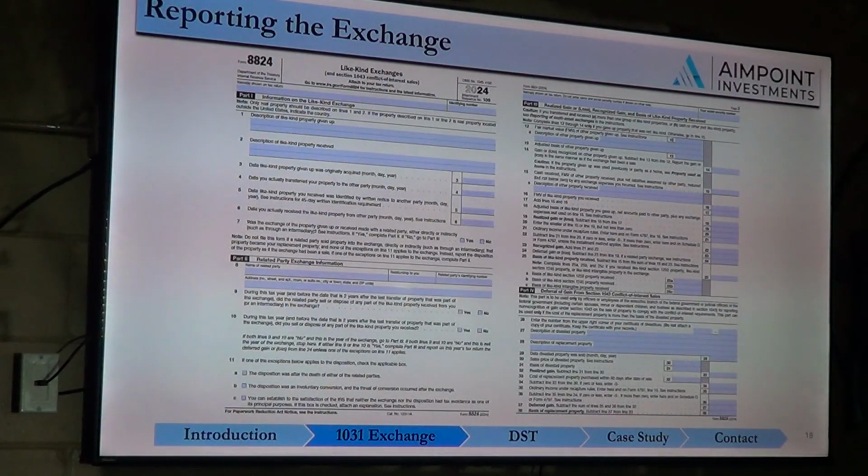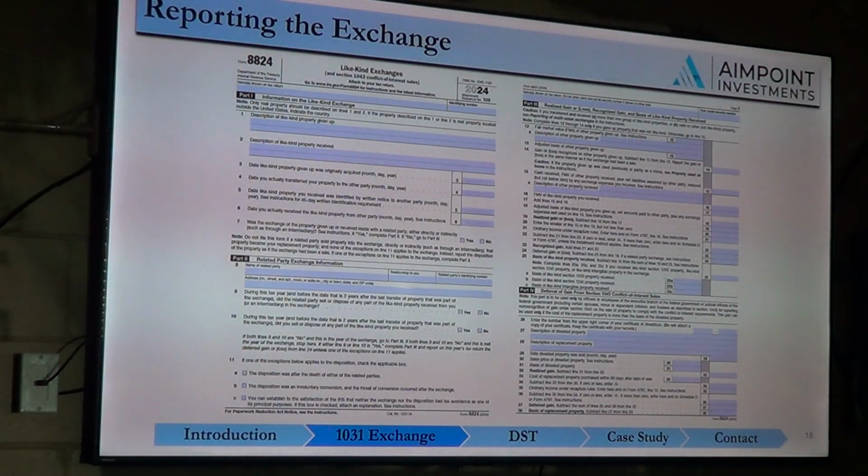This is the tax form that your CPA is going to file. Typical exchanges only use Part 1 and Part 3. Part 2 and 4 are for specific scenarios that aren't very common. So it's a simple form. We're just telling the IRS and the California State Tax Authority that, hey, we did an exchange, we're not going to recognize this gain, we're not going to pay tax on this gain.